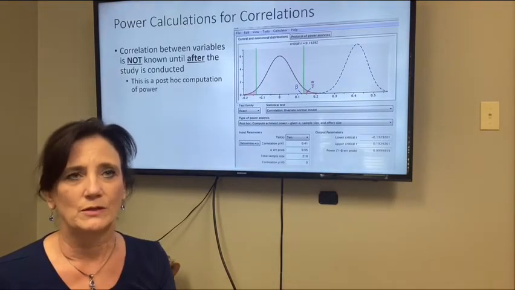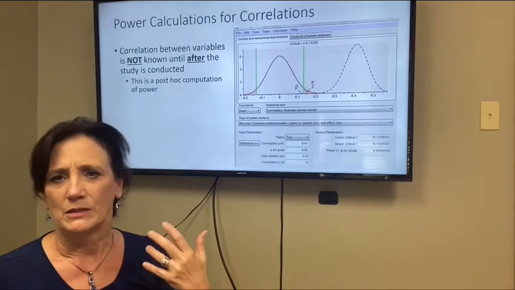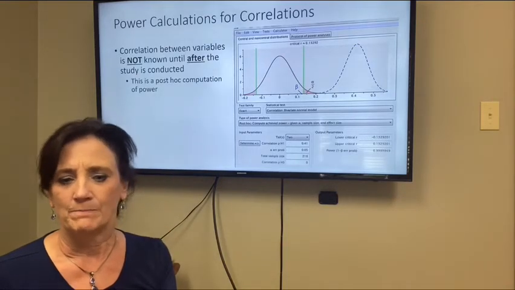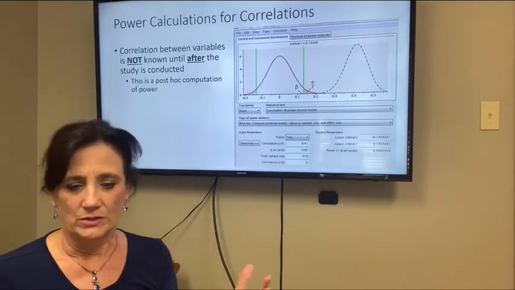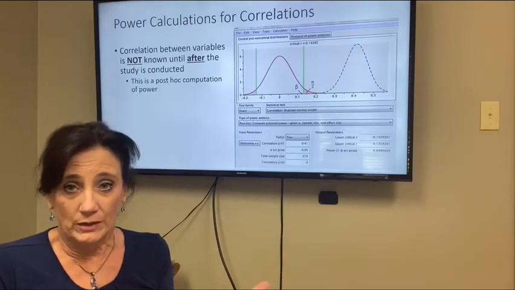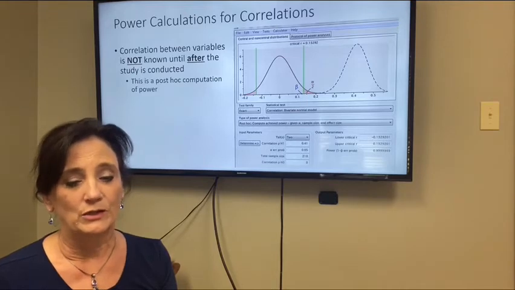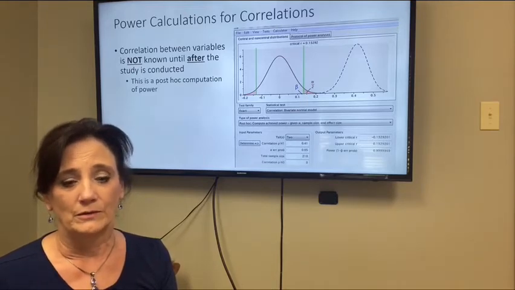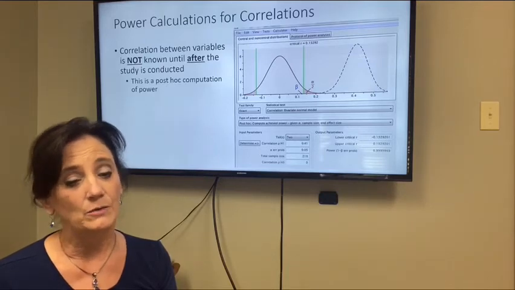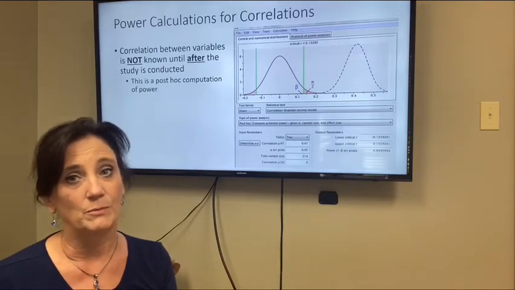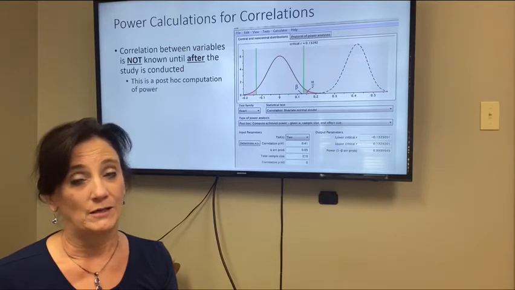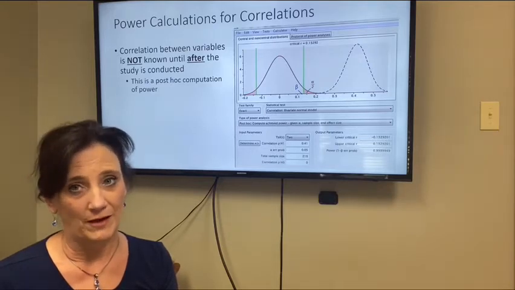We're usually doing something brand new, potentially a new survey, just never asked these questions before kind of thing. And so when that happens, that's when you cannot do any kind of a priori power calculation. Instead, what you have to do is compute it post hoc. So you find out what your power is after the fact.